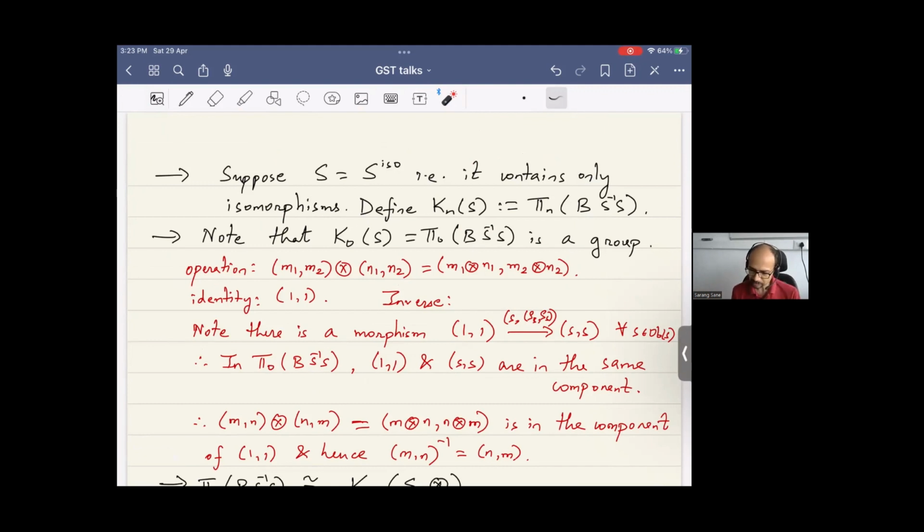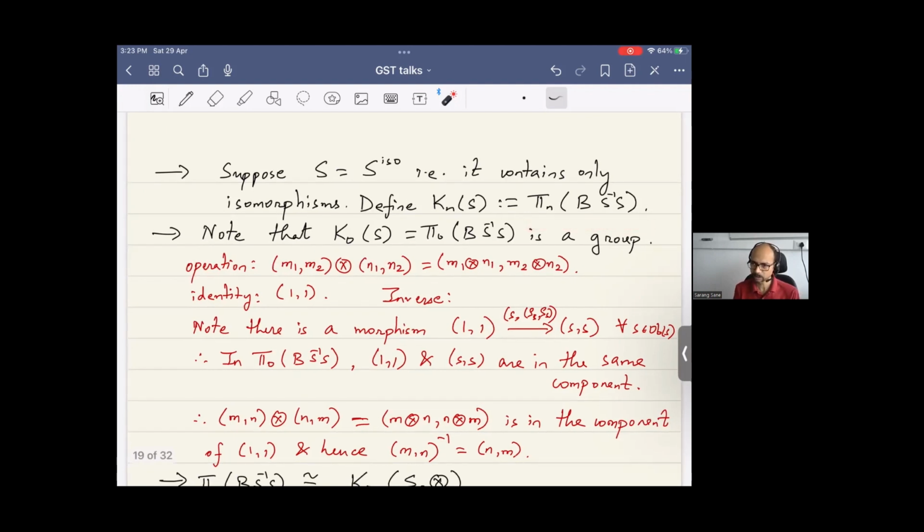Under this assumption, we defined the K theory of S, the K groups of S, by taking the classifying space of S inverse S and then taking its homotopy groups. This was the definition of the K theory.